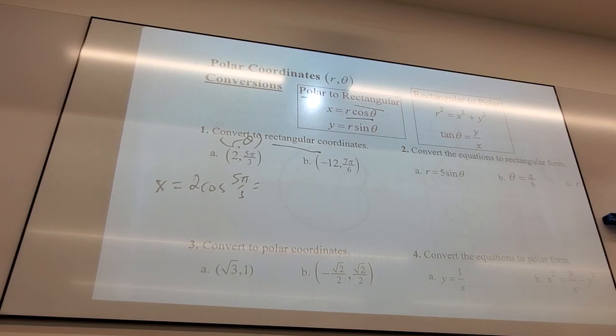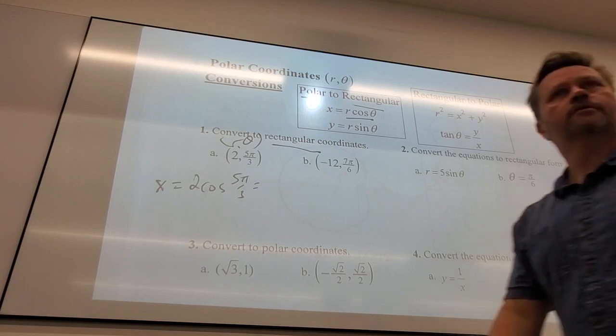So of course I'm in the fourth quadrant. Is cosine positive or negative there? Positive, because x is positive there. And of course, what's the cosine of any reference angle pi over 3? 1/2. So that's just twice a half, yes?